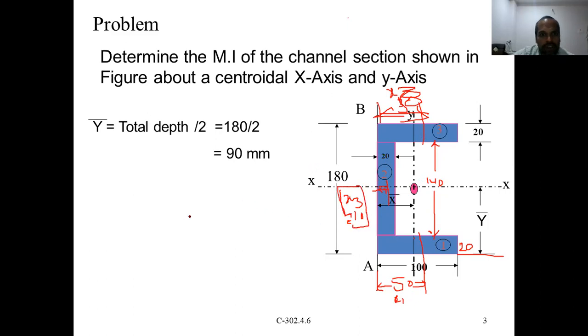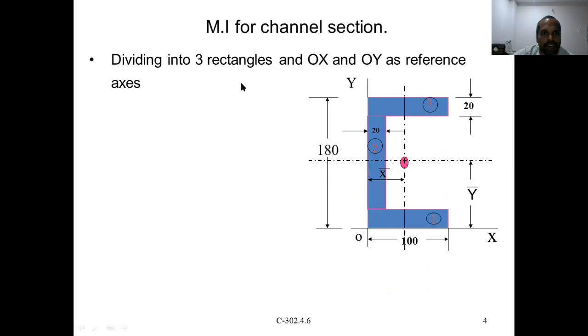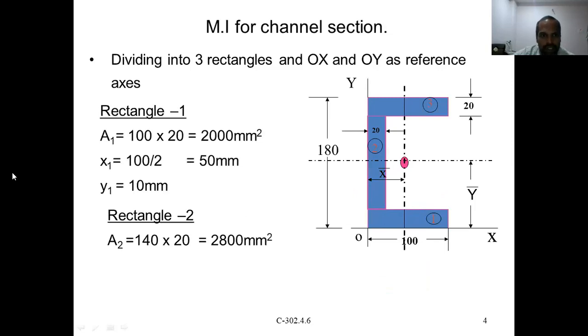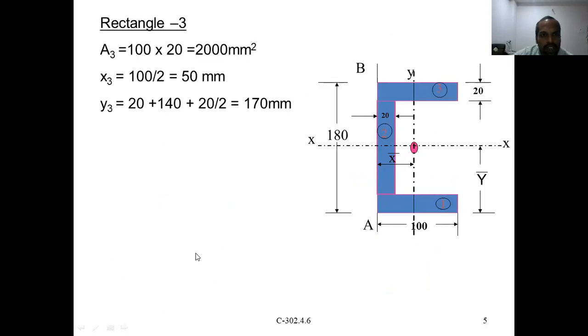Now calculate the x bar. Dividing the section into three rectangles, OX or OY are the reference axes. Of course, OX is not required because y bar is already directly known to you. So x1 is equal to 100 by 2, that is 50. Similarly, x2 is equal to 20 by 2, which is 10. And x3 is equal to 100 by 2, so x1 and x3 are the same.